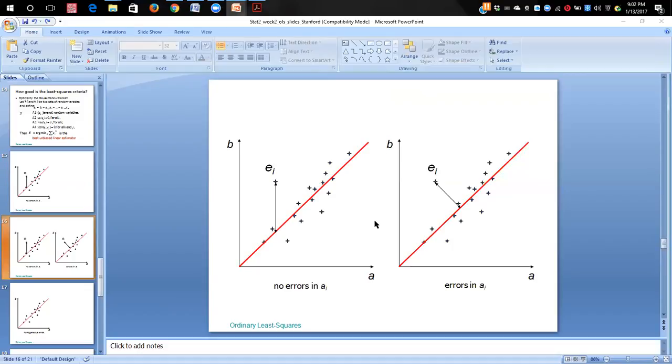These are the different scenarios in our experiment. The first one on the left is when the error term of all the independent observations is equal to 0.